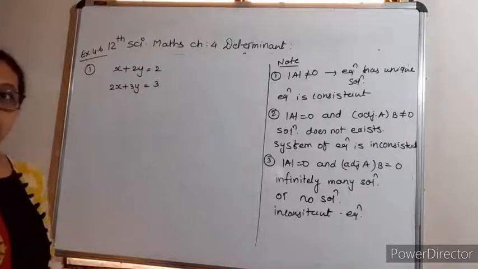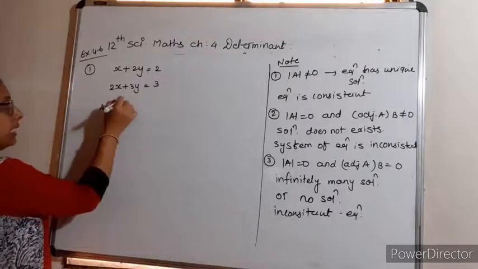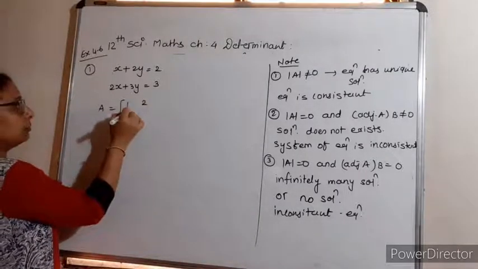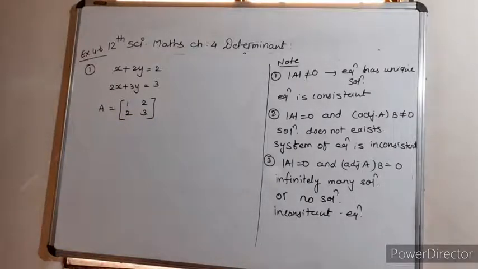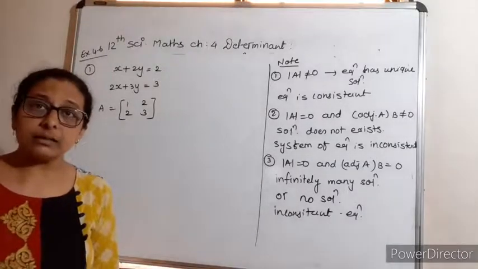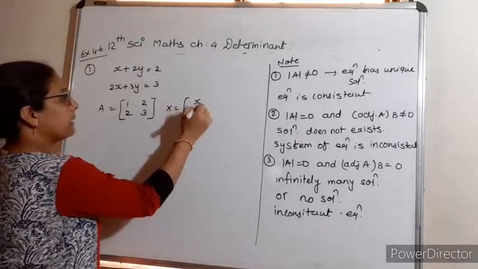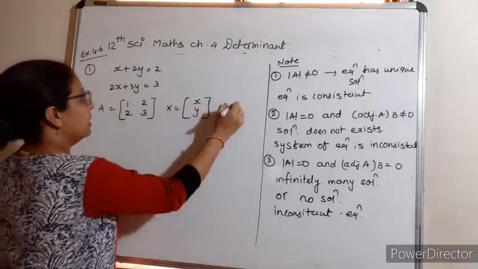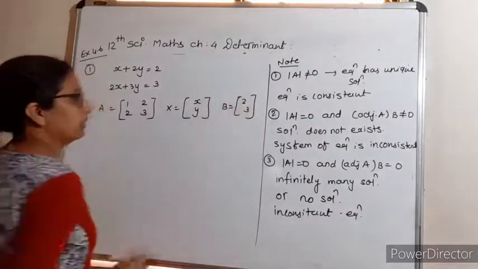This is given. So what you will do is first A: 1, 2, 2, 3. That is our A, right? Now we do not write X, B or anything because we do not have to find the solution. If you want to write, you can write X and Y, and B is equal to 2, 3. Okay.